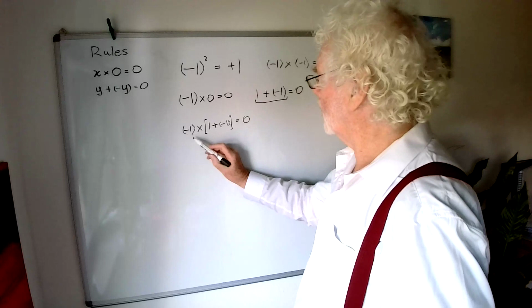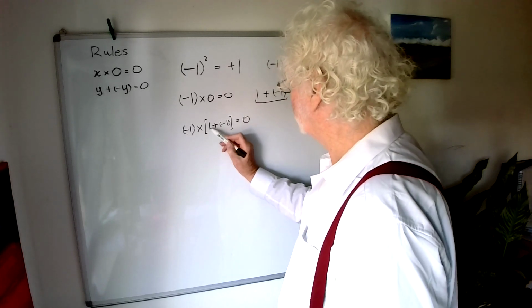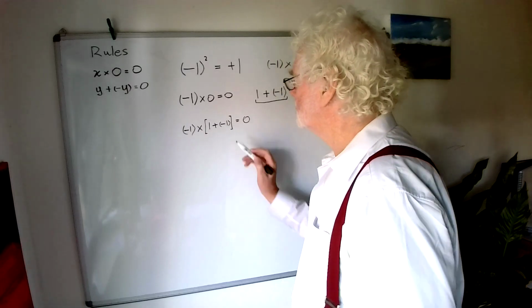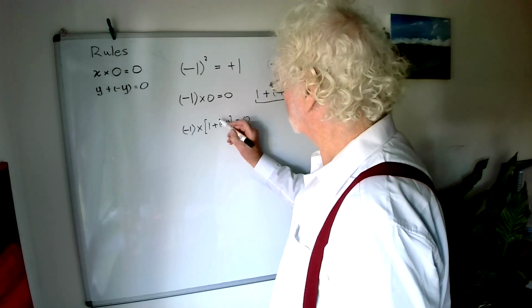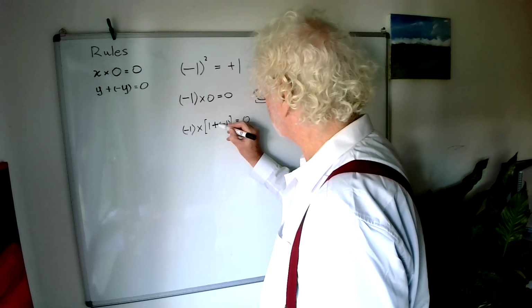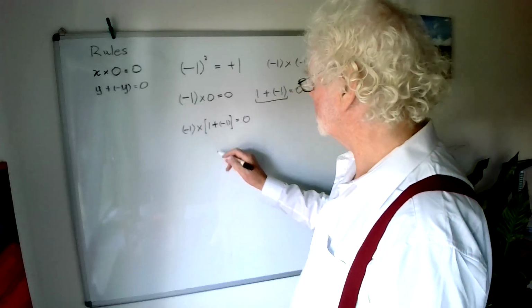So now I'm going to multiply this minus 1 by this and then this. And of course this plus sign here comes down into the next line.